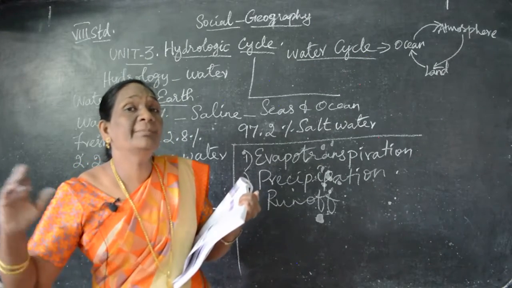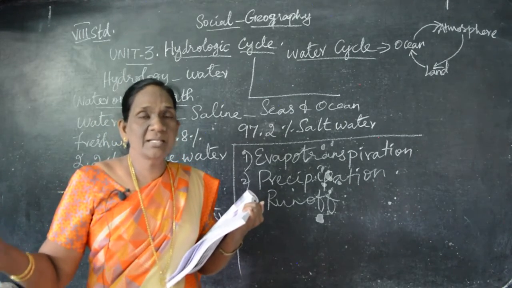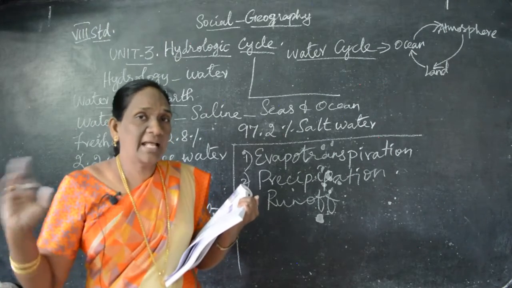The water from the plants and trees, understand, becomes water vapor, it is called transpiration.